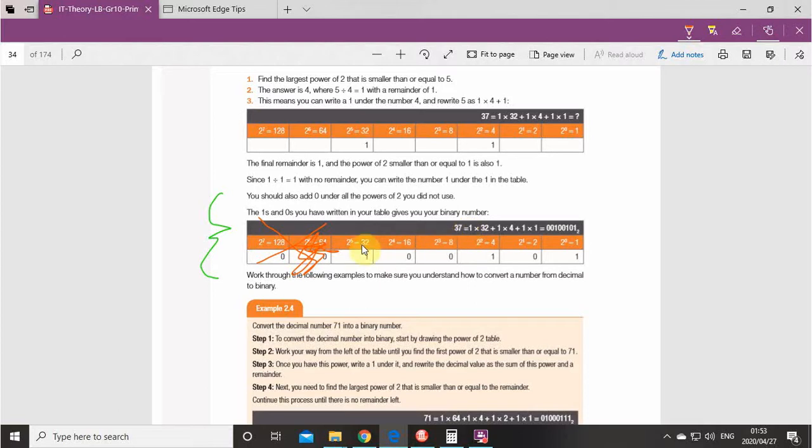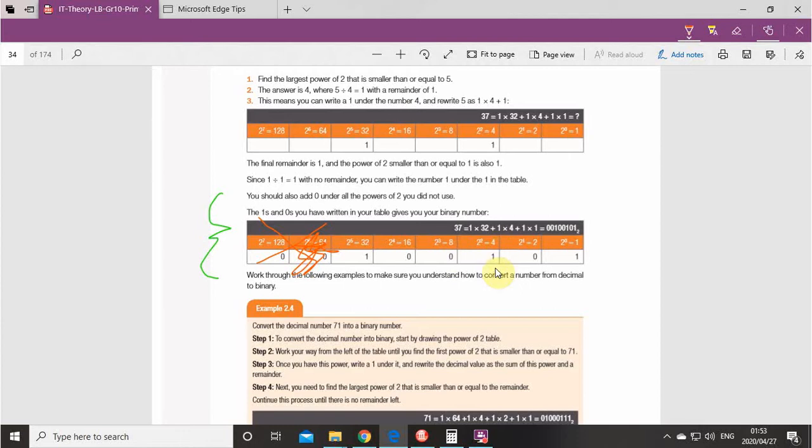For simple sake, it goes into 37 one time, and then we have a remainder of 5. Then we ask, okay, so our new number is 5. Can 16 go into 5? No, it can't, so we place a 0. How many times does 8 go into 5? It does not, so it's 0. How many times does 4 go into 5?